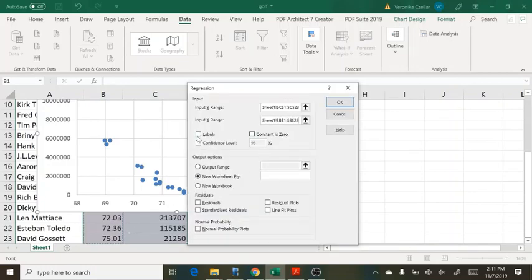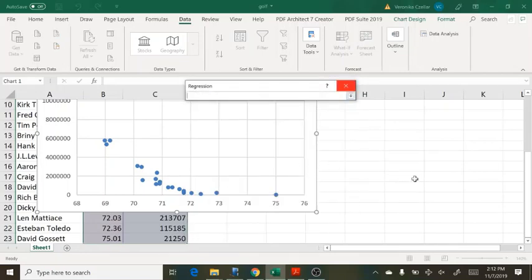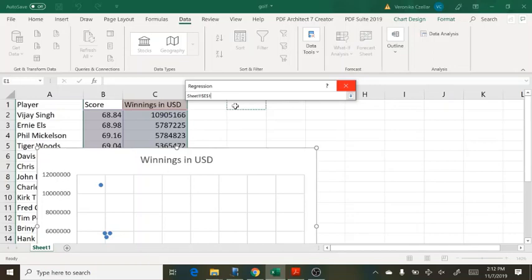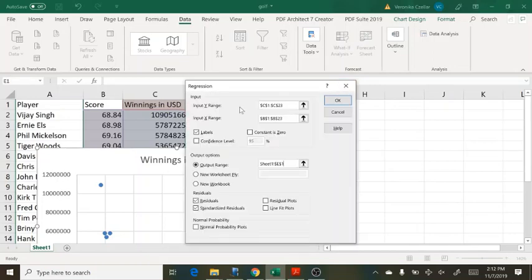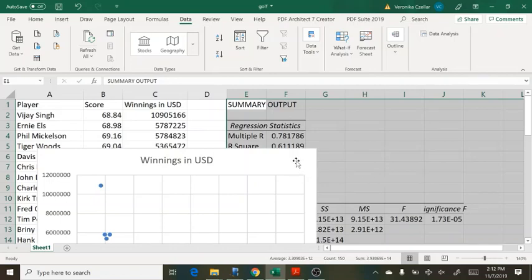I have labels in my columns, and for later use, I also want to have the residuals in my regression and the standardized residuals. I would like the output to be displayed on this sheet, so I will enter this cell here. I press OK, and this is what I get.